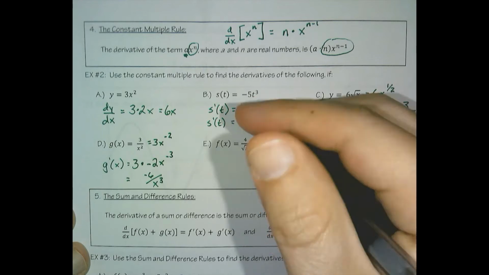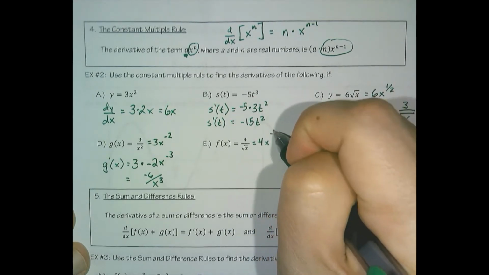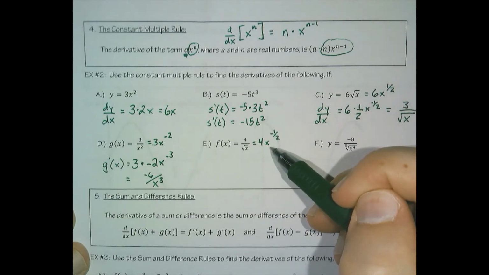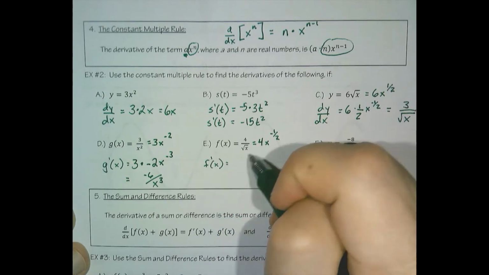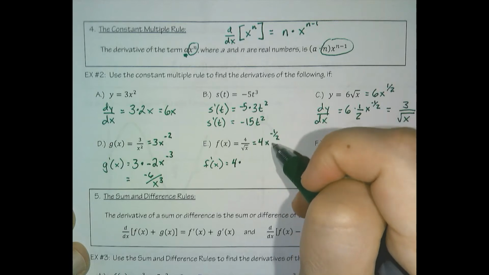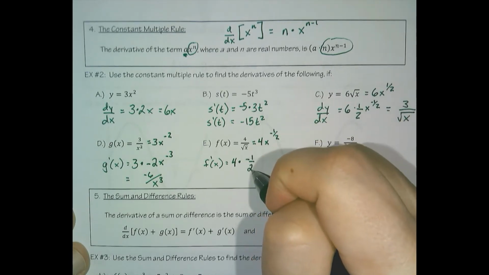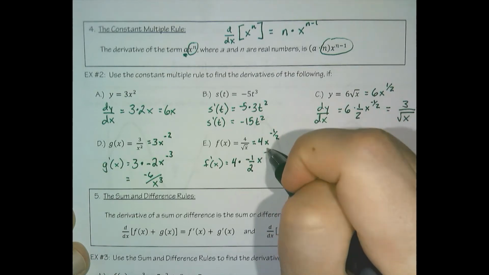The next one, if we express this as a fractional exponent, we'd have 4x to the negative 1/2. So that's just rewriting it using algebra. When we do the calculus of taking the derivative, the constant goes for the ride, and the derivative of x to the negative 1/2, the exponent drops down in front, and we decrement the exponent by 1.